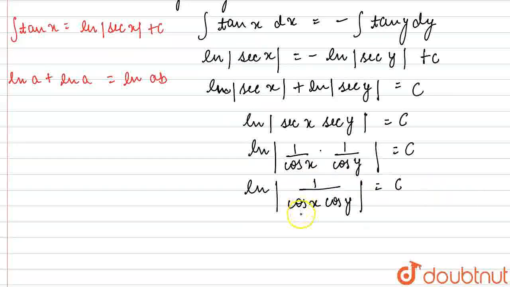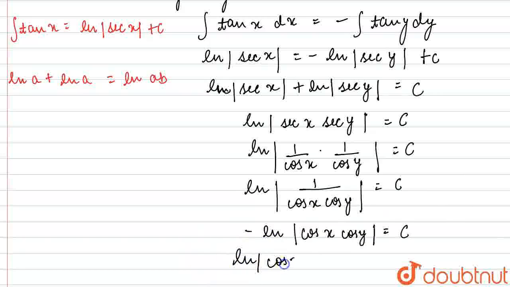Now if I take the reciprocal, then a minus will come outside the log. So I'll write it as minus ln mod of cos x cos y is equal to c, or I can simply write this as ln mod of cos x into cos y is equal to minus c.